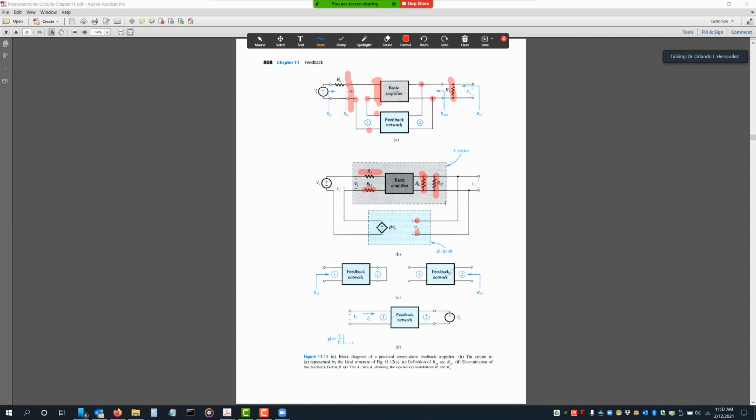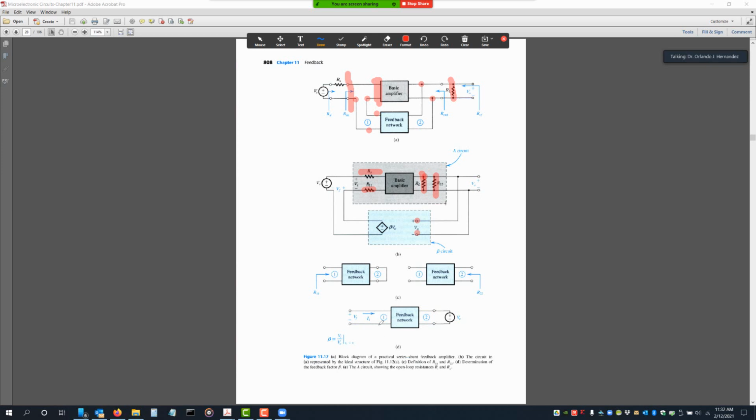So you can also analyze the feedback network itself by putting an input, which is really what you're sampling, your output, and you will see that you get this feedback voltage out with an associated current. But the beta then becomes that voltage, and that's the last thing that I wrote on the pad. The beta becomes that voltage, VF, divided by VO, when the current is zero. When that current is zero.